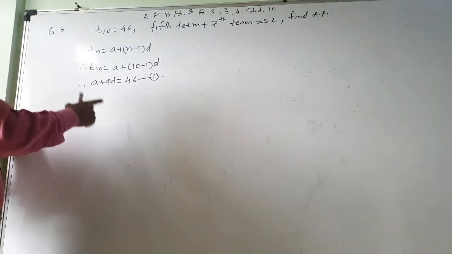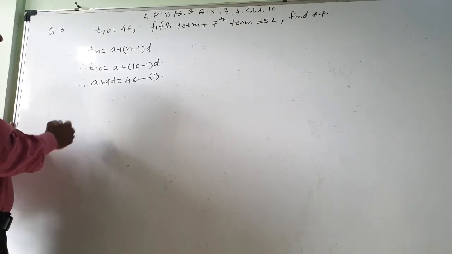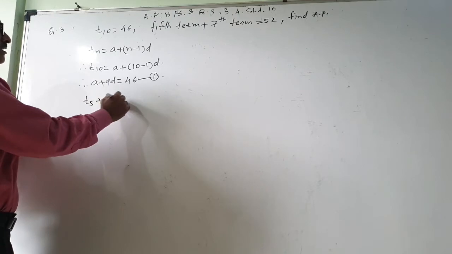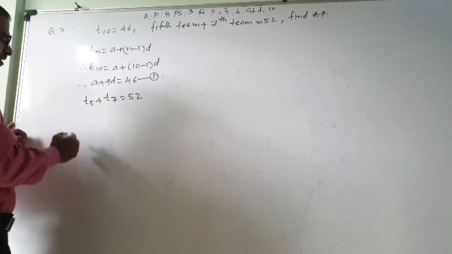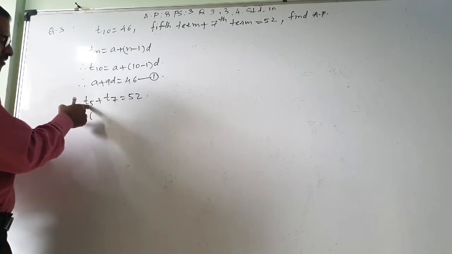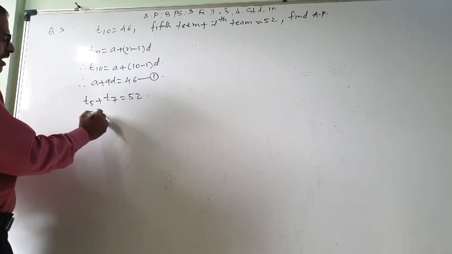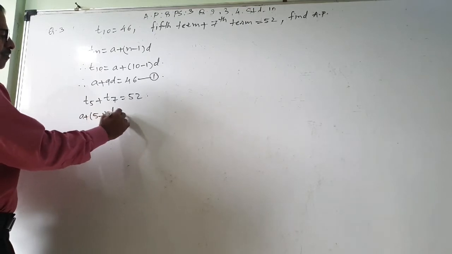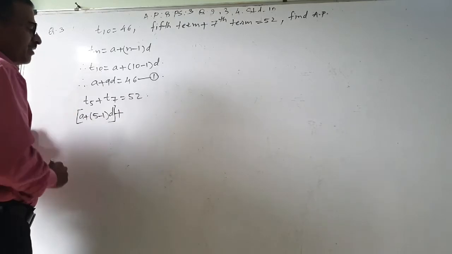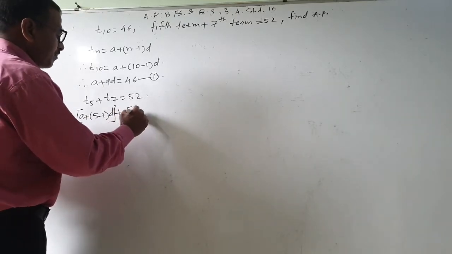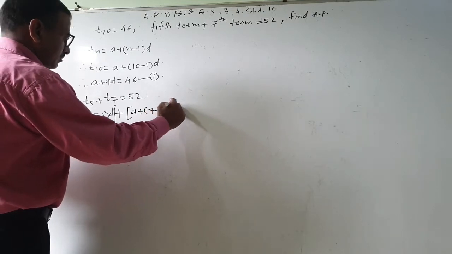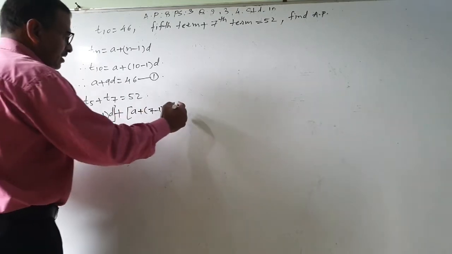So 5th term plus 7th term: T5 plus T7 is equal to 52. T5 is a plus 5 minus 1 into d, plus, I will put the bracket, T7 is a plus 7 minus 1 into d, is equal to 52.